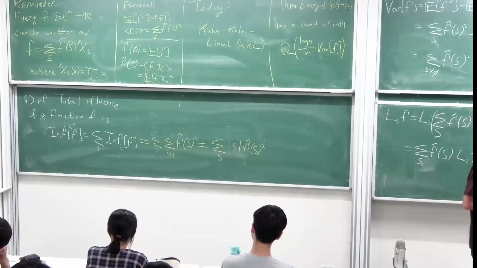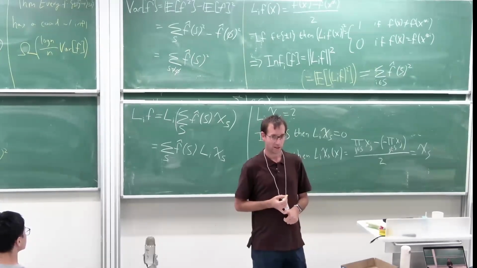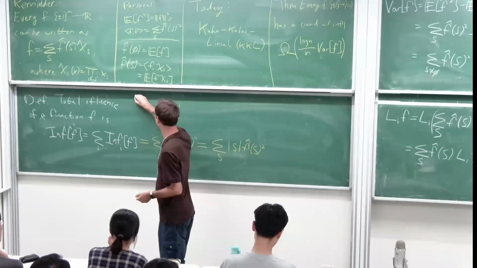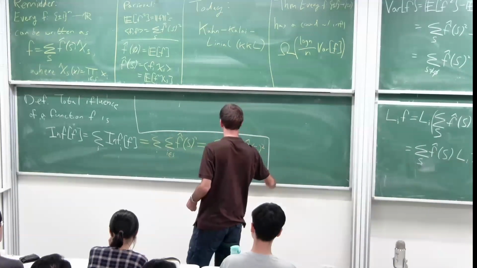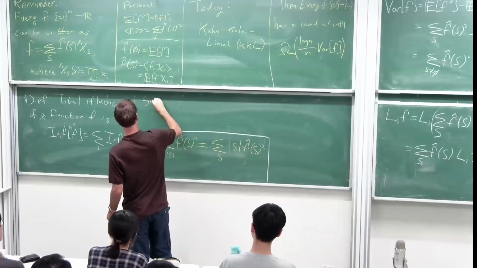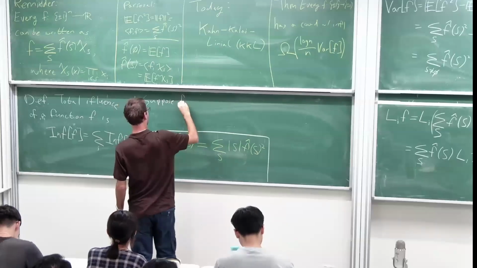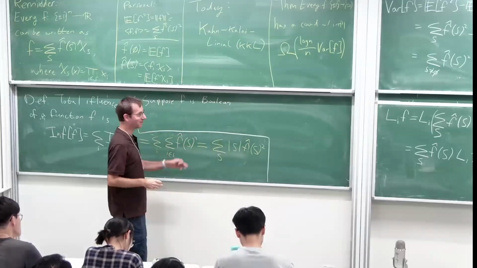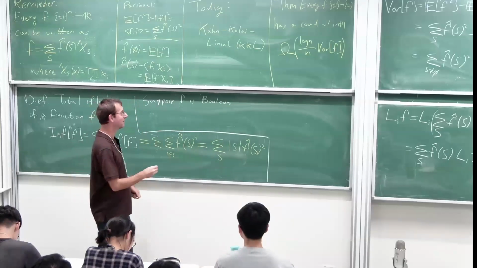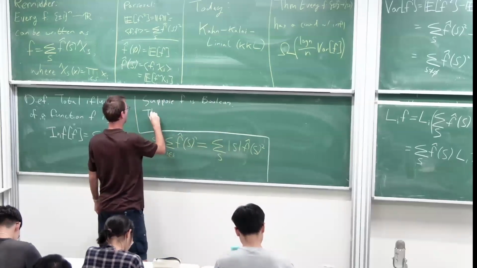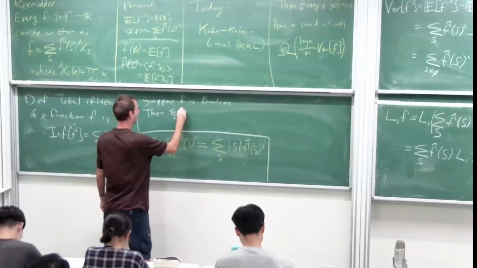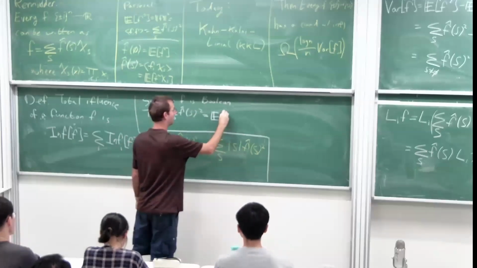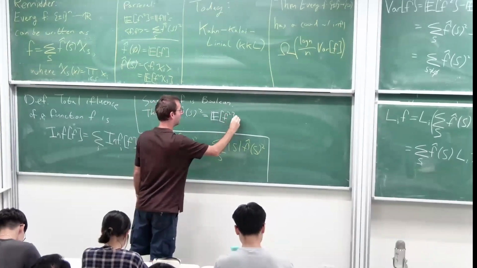Okay, now let's consider f's which are Boolean. Suppose f is Boolean. Boolean means, for now, in this case, it's plus minus one valued. Then the sum over S of f hat S squared is one. So it's the expectation of f squared, which is one.